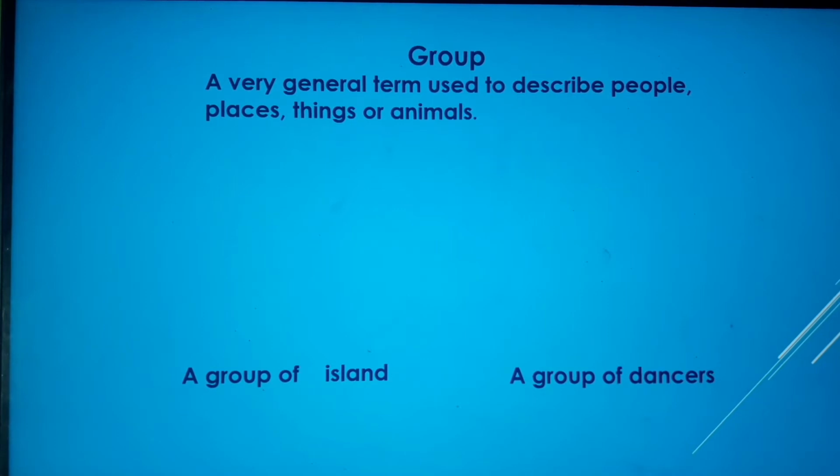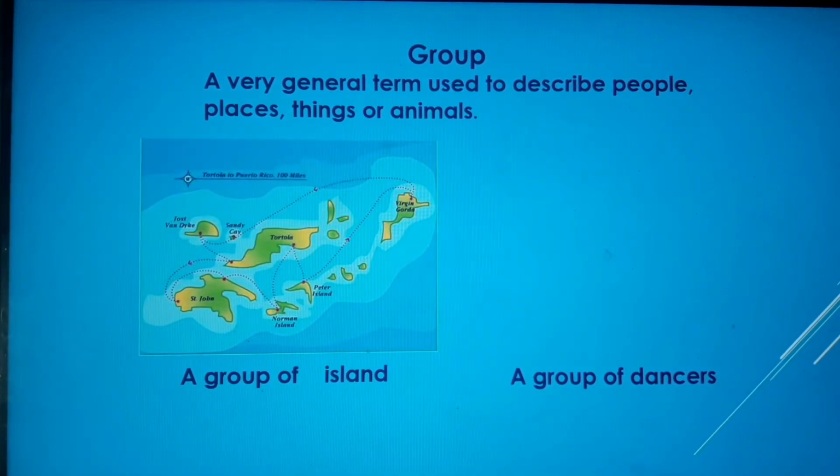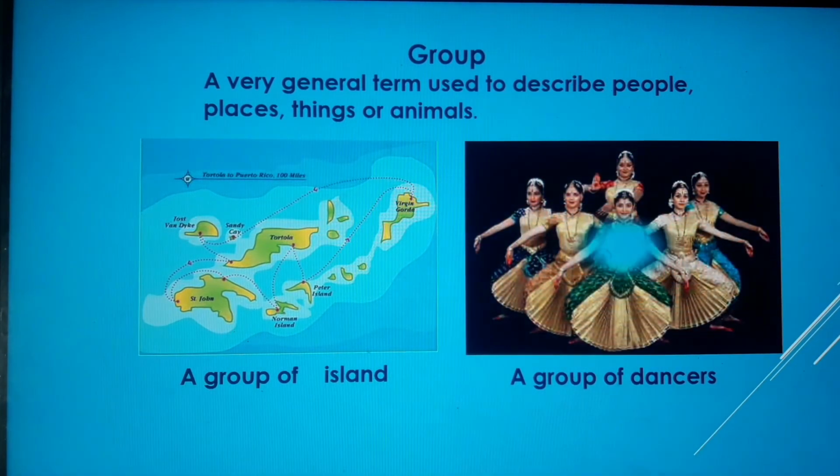So first you can see a group of islands. That is the general term used here. Many islands together, we can say group of islands. Likewise, a group of dancers. When the dancers are together, we can say a group of dancers. So this is the collective noun.